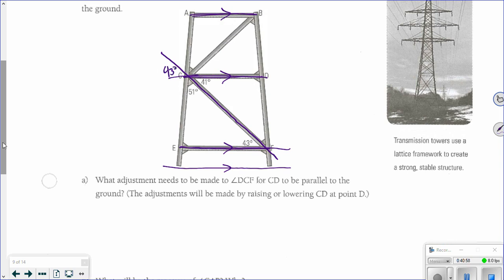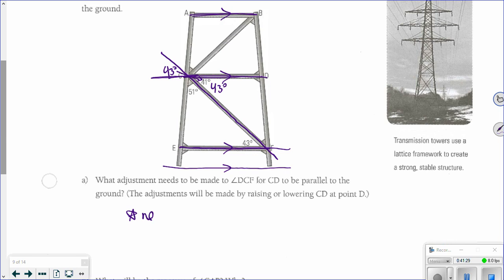I've got two parallel lines and a transversal. And if this angle is supposed to be 43 degrees, so it's parallel, that means this diagonal angle should also be 43 degrees. It's not. It's 41 degrees, which means right now, line CD is not parallel to line EF. To fix it, I'm going to have to raise CD at point D by 2 degrees.